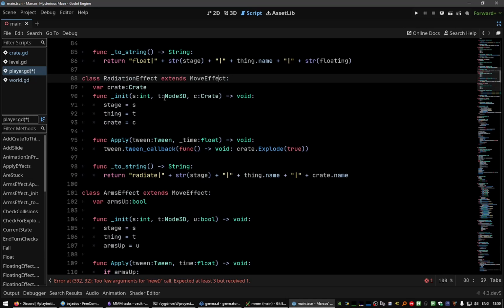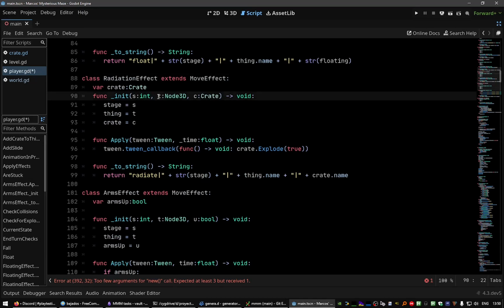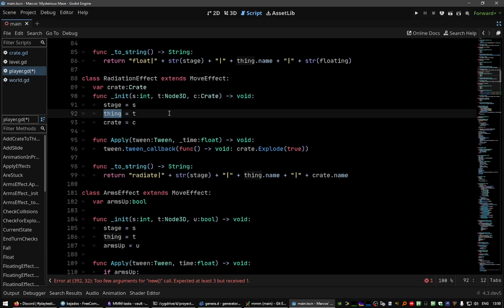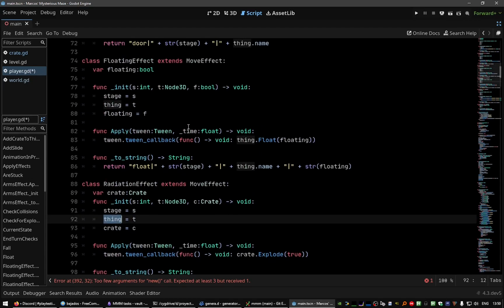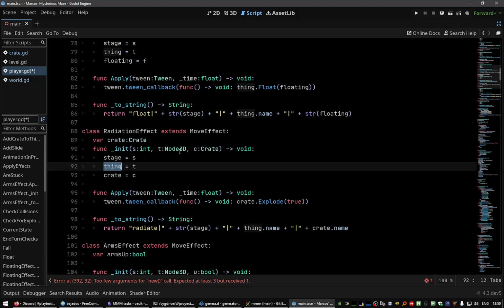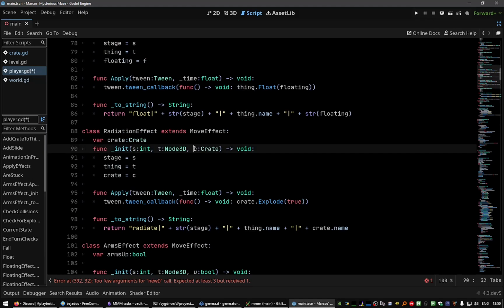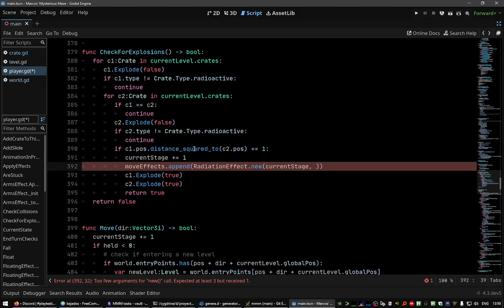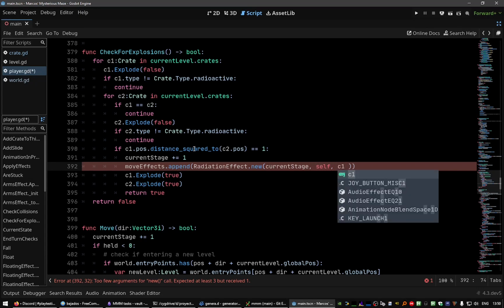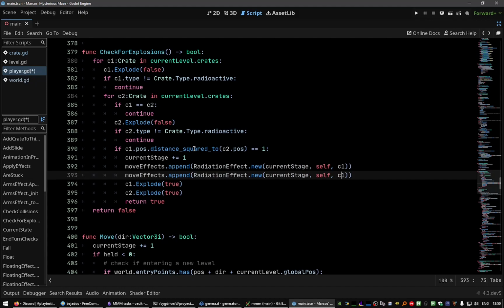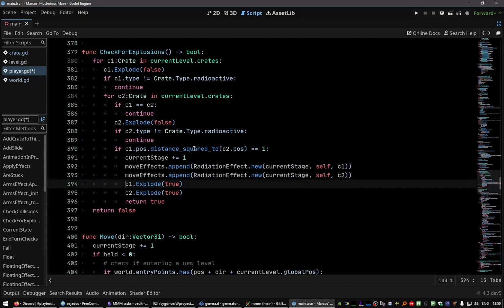are the stage, the thing, we don't need the thing for this one. Let's see, yeah. One for C1 and one for C2.